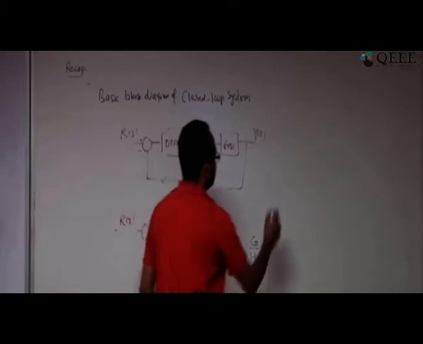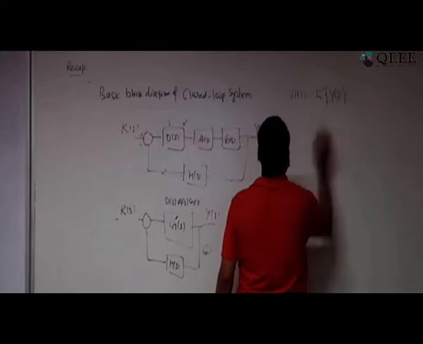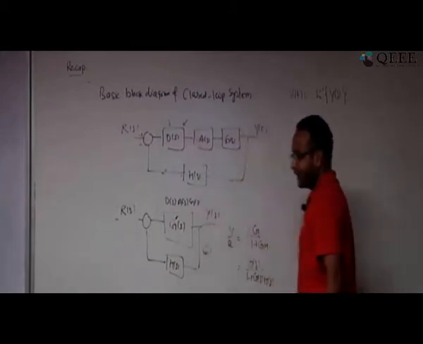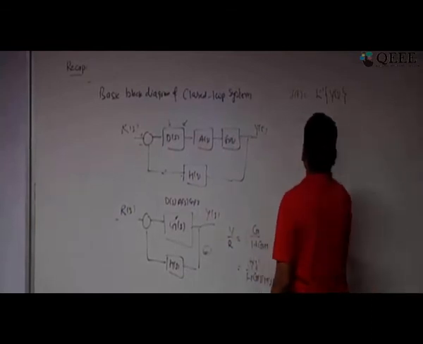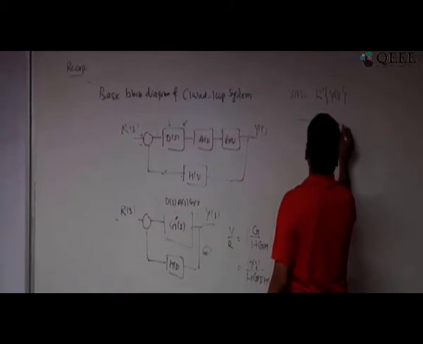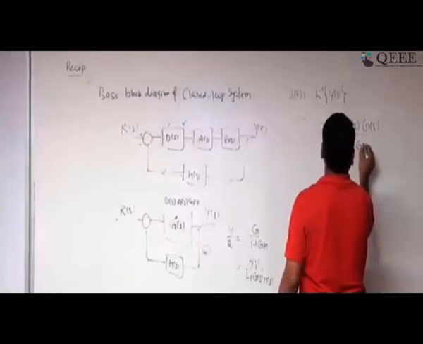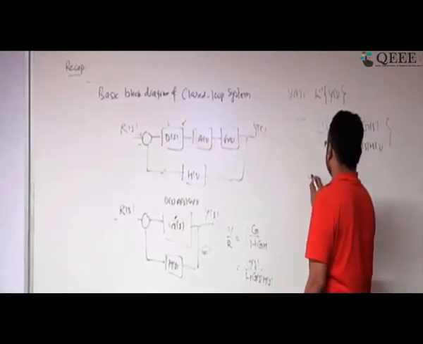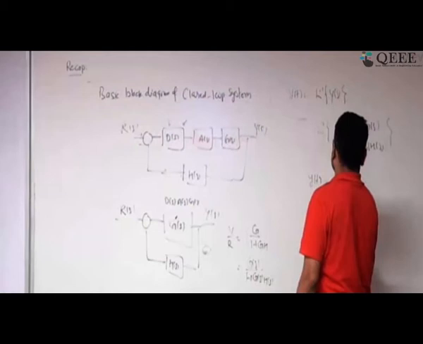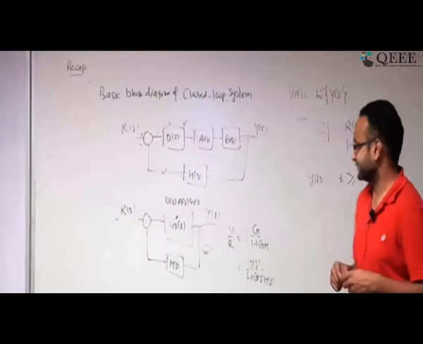So what I will be doing is analyzing the inverse of Y of S and then see how y of t looks. Y of S is R of S times G of S divided by 1 plus G of S H of S. You take the inverse Laplace transform and you get y of t for t greater than or equal to 0. That's our objective, to find out the dynamic response of the system.